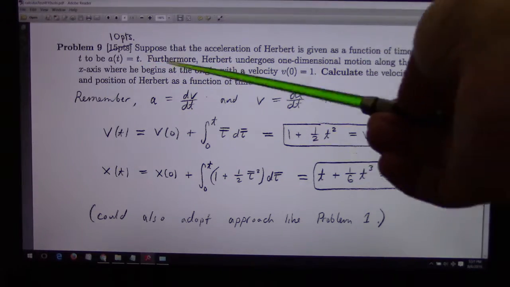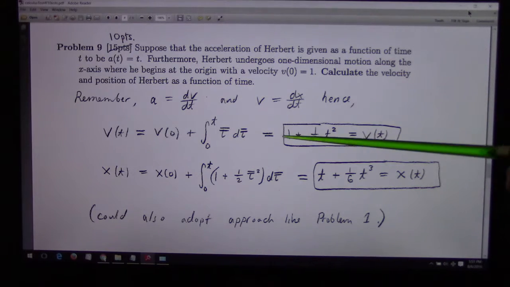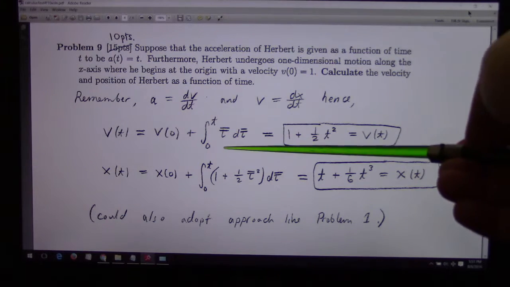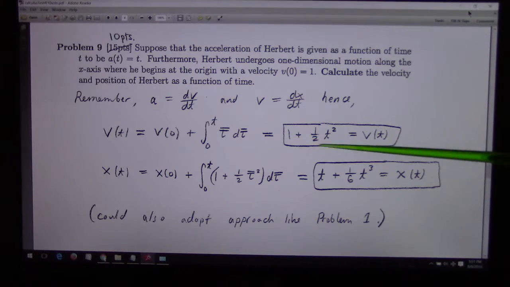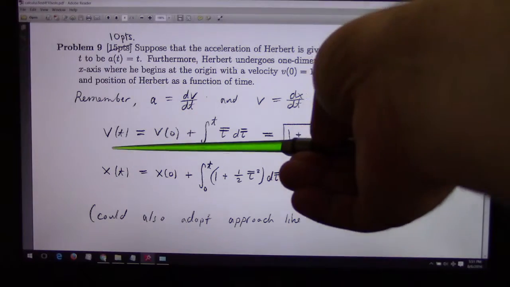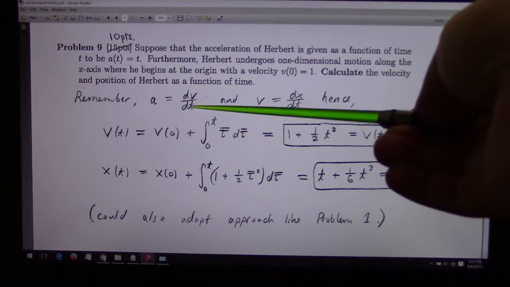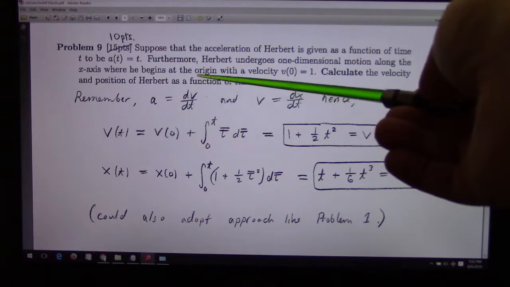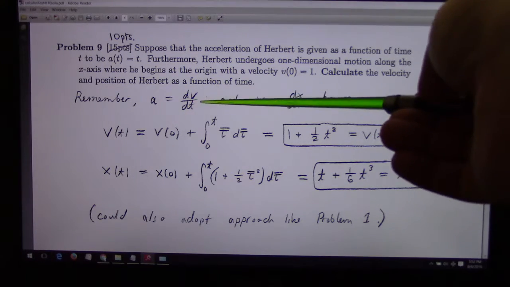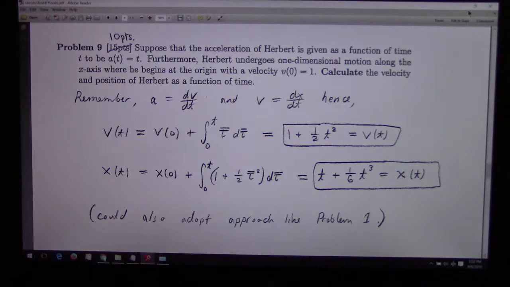acceleration, and I rewrite it as tau d tau bar. I don't know why I have the bar, but whatever. So that's 1 plus 1/2 t squared. I'm being a little bit sloppy here; you can derive this formula from integrating dv dt equal to t, and on the one hand you get v of t minus v of 0.